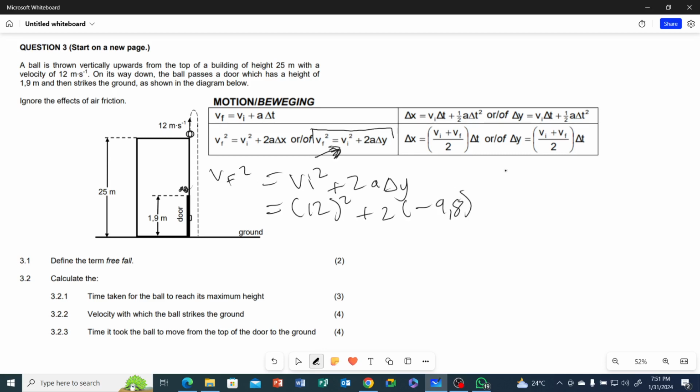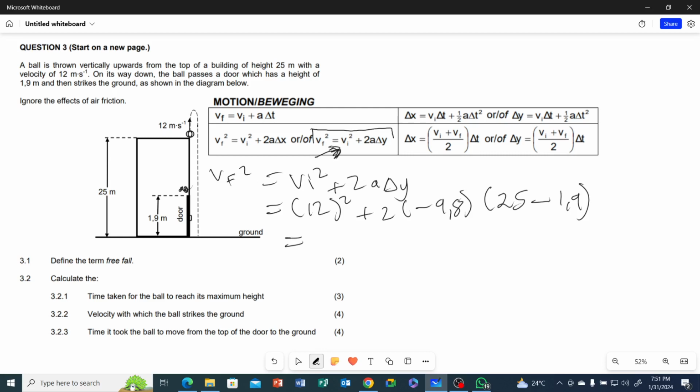Then 25, which is the height of the building, minus 1.9 in brackets, which is the height of the door.